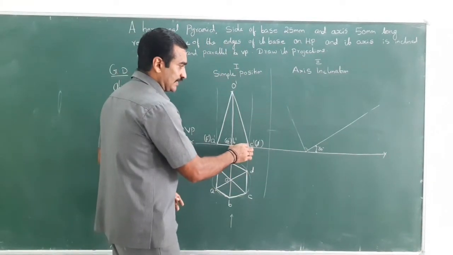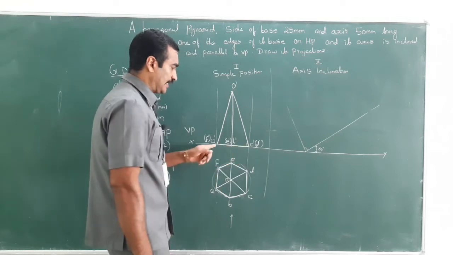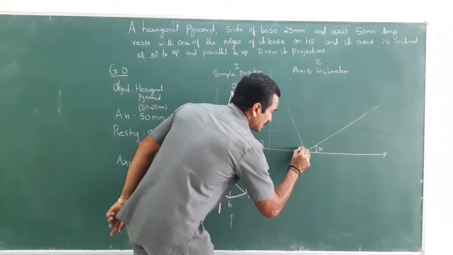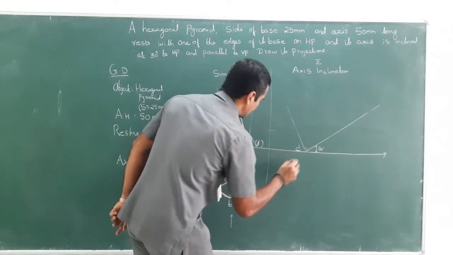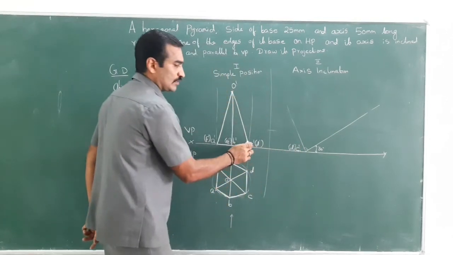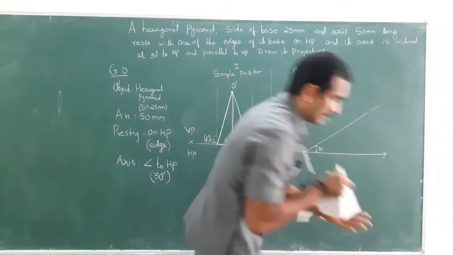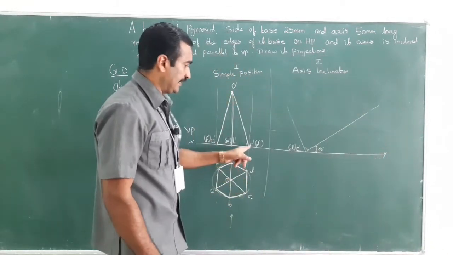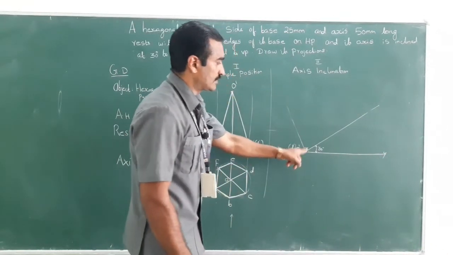Now measure the distance of the base, that is A to C, in your compass. This is nothing but the C1 dash and D1 dash, because this is how it is resting, right? This is how it is resting with C and D, so C1 dash, D1 dash is resting here.